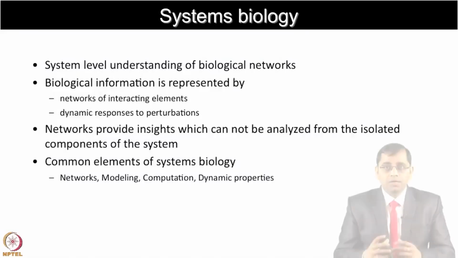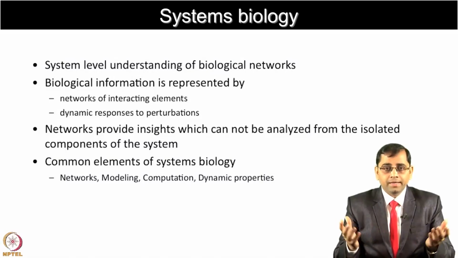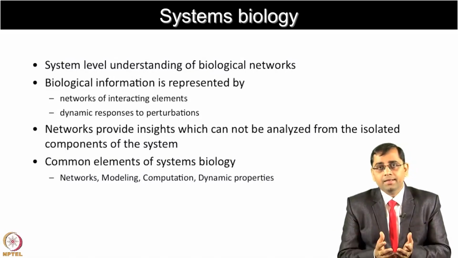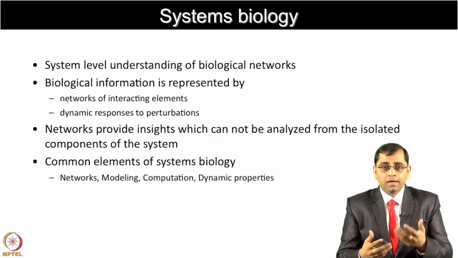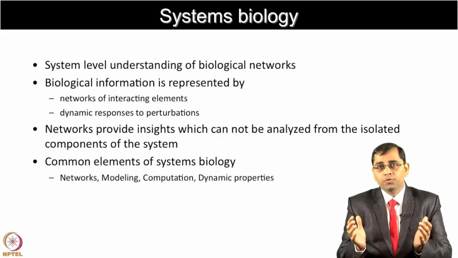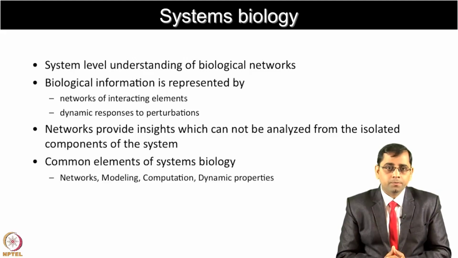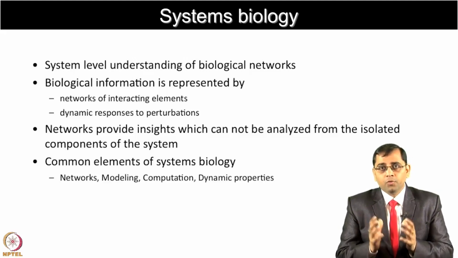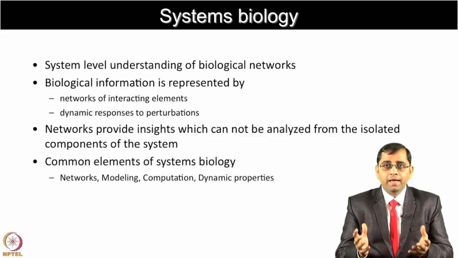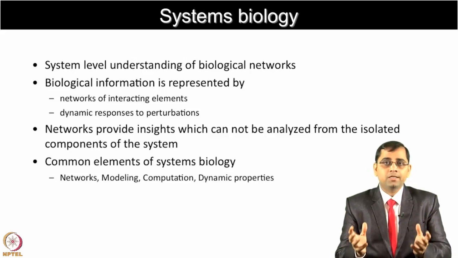So, what is systems biology? Systems biology is the systems level understanding of biological networks, which is defined by the network of various interacting elements as well as the dynamic perturbations and responses to the various cues which we obtain from those systems. These networks provide insights which cannot be analyzed just from isolated systems alone.